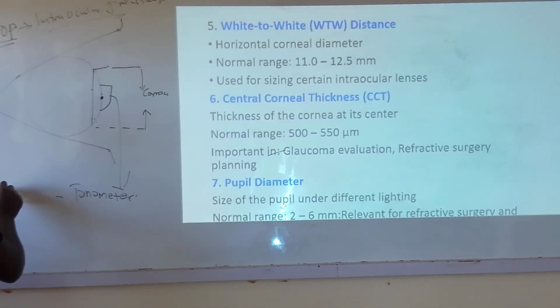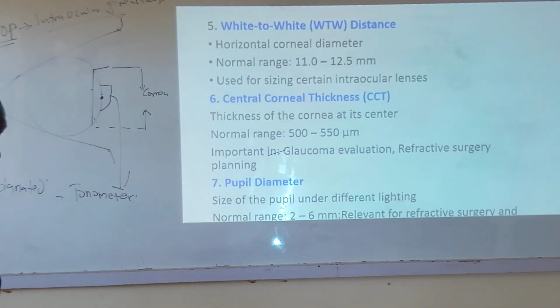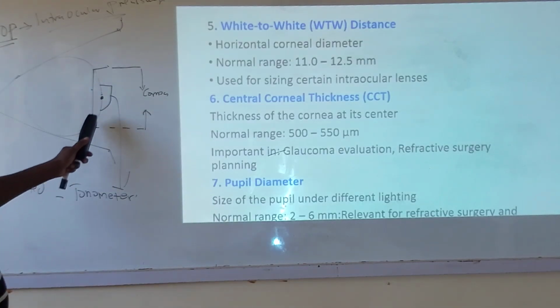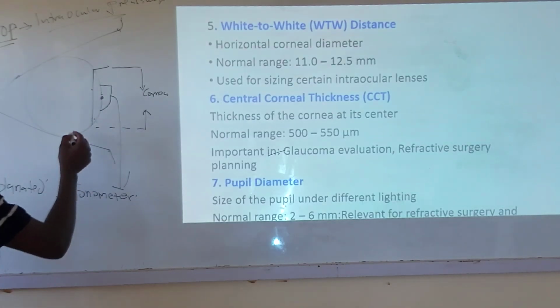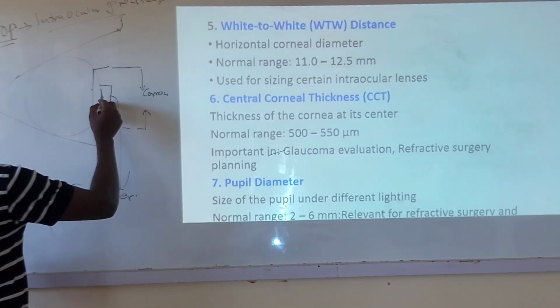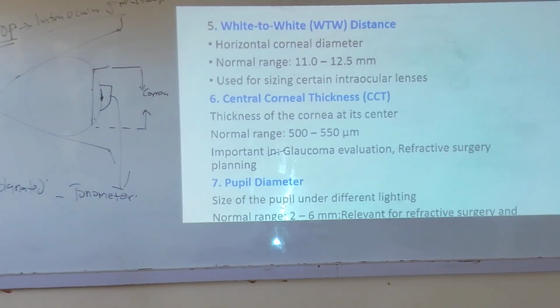We call it applanated tonometry. It has been conjoined on the slit lamp. That's why it's known as applanated. So it normally uses some sort of pressure on the cornea here to be able to pick the pressure of the eye. Therefore, the thickness of the center of this cornea plays a role.